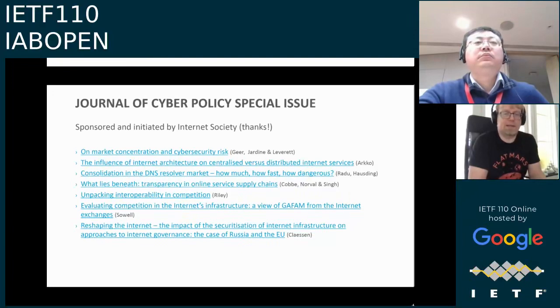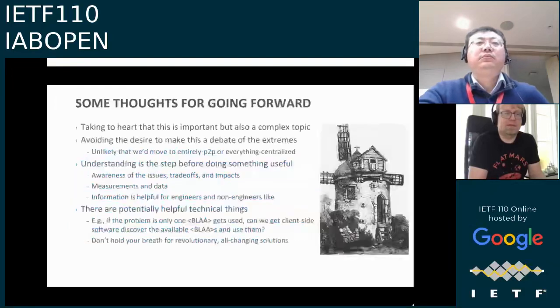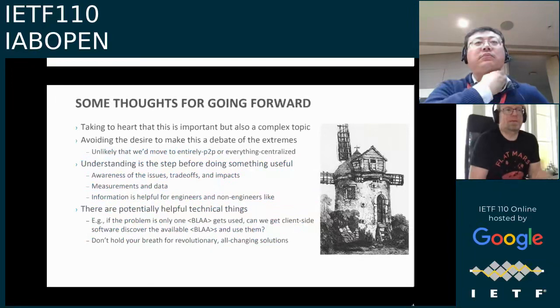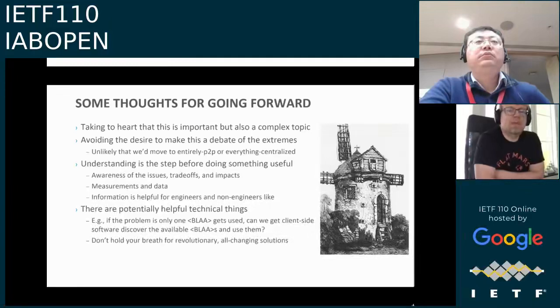If you go to the last slide, I had a few thoughts about how to move forward. And I see many possibilities for failing to discuss this properly. One is that we need to take it to heart that this is not just important, but also a complex topic that you can't have a one-sided view into.